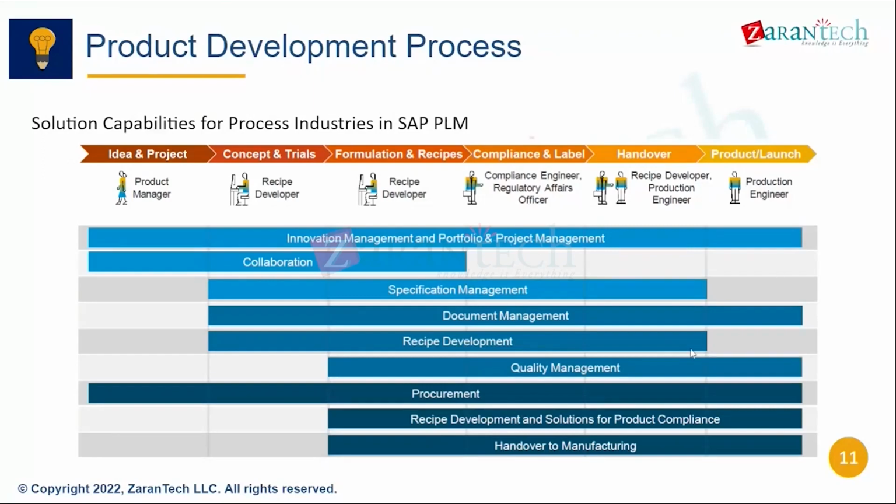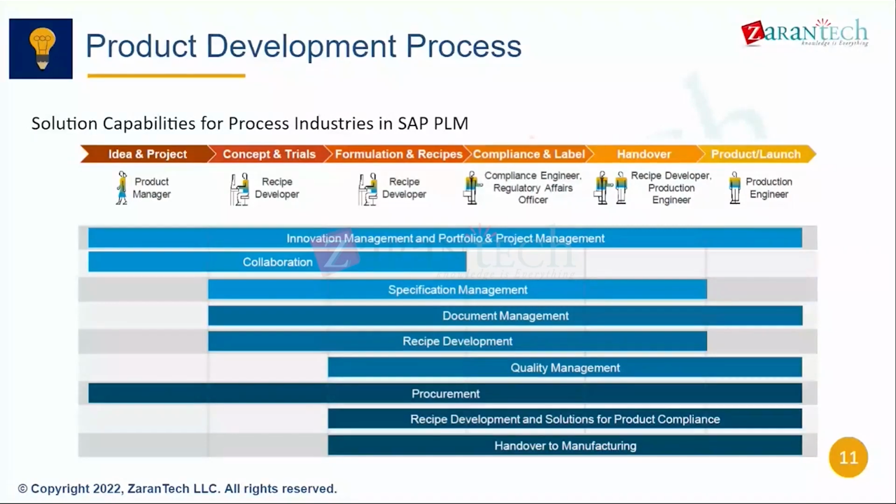If the existing recipe needs to be changed, or a version needs to be introduced, that's how you can see that the stage from here to here, the recipe development module, is required within SAP. You can see quality management wherever you need inspection, wherever you need to perform quality checks, where you need to track the losses during manufacturing.